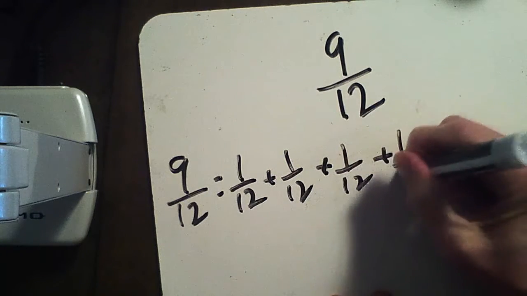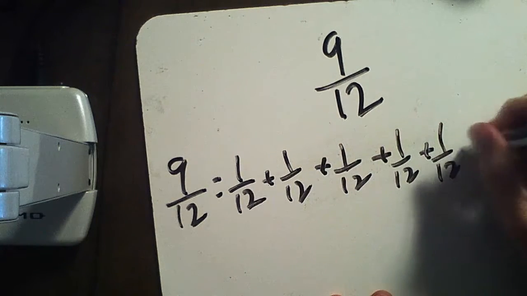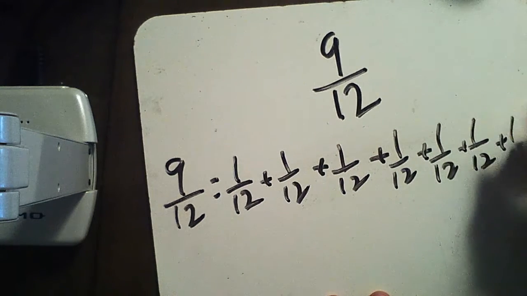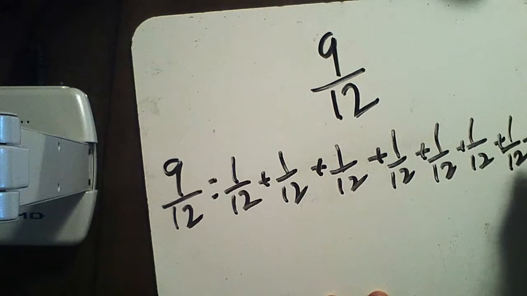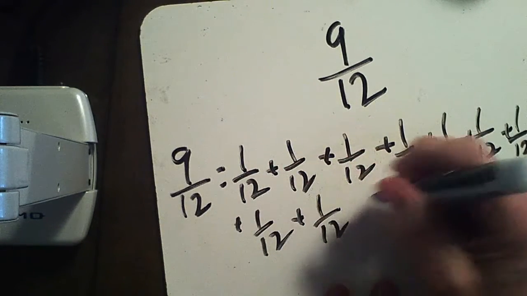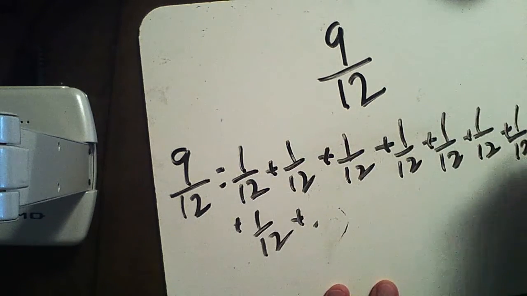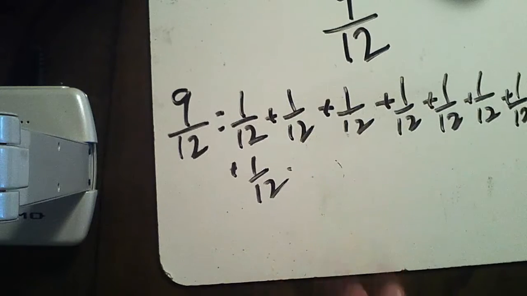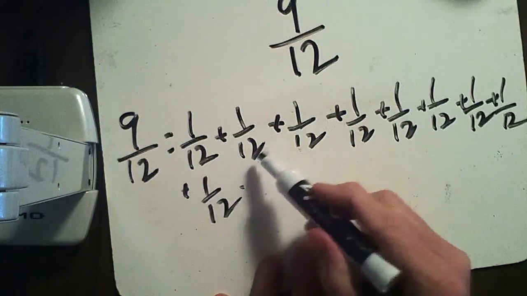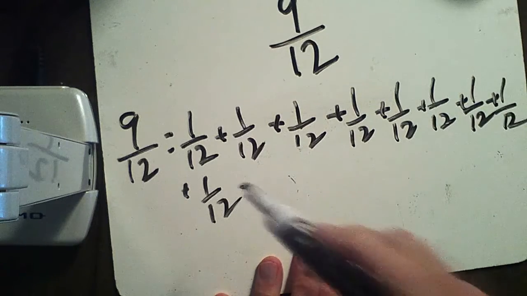That equals 9/12. 1, 2, 3, 4, 5, 6, 7, 8, 9. So 9/12 equals 1/12 plus 1/12 plus 1/12 plus 1/12 plus 1/12 plus 1/12 plus 1/12 plus 1/12 plus 1/12.